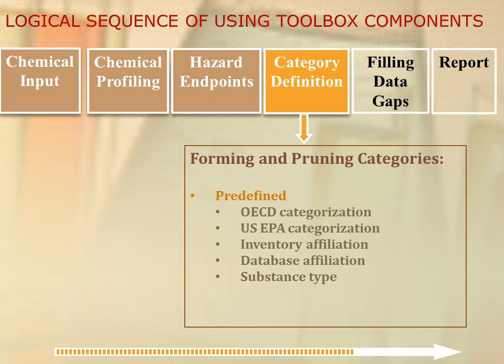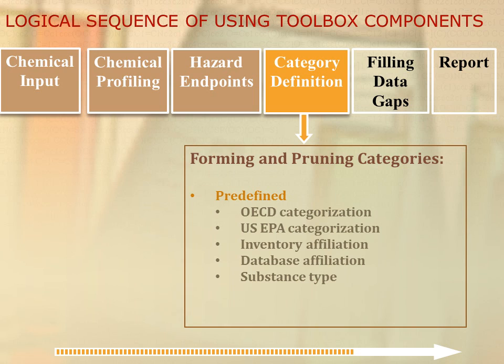This next slide here just shows that some of the predefined categories here would be those defined by OECD, US EPA, substance type like aldehydes or carbamates or organophosphates or things like that, but just a refinement of the different kinds of categories that have all been already logged in and defined.